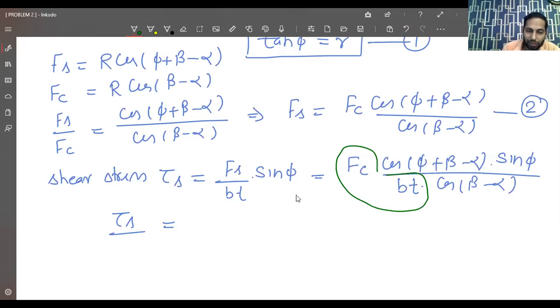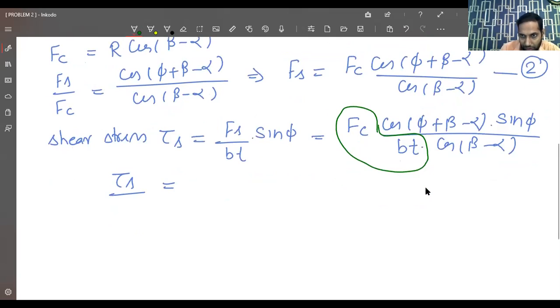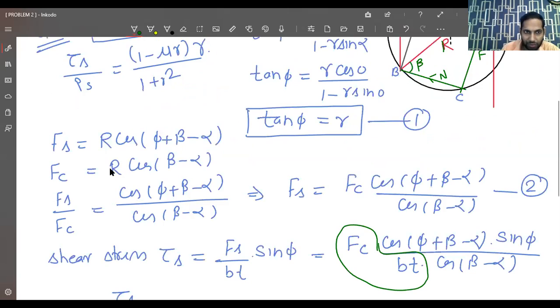Okay, this Fc over bt is, as we already know, the specific energy of cutting, or the specific cutting pressure. So instead of Fc over bt I can write Ps.